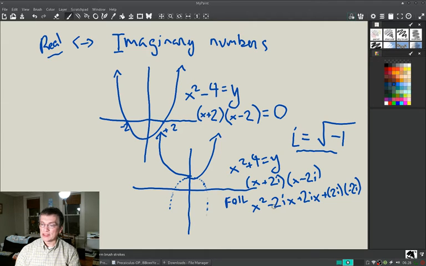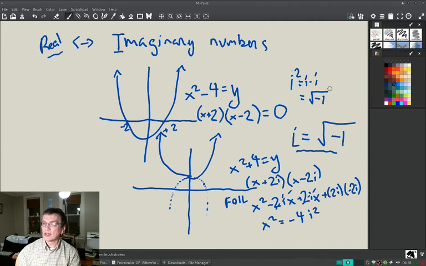Okay, this is plus 2ix minus 2ix. These two cancel. You're left with x squared, and let's see what's left, minus 2 times 2 is 4, i squared. i squared is just i times i, which is the square root of minus 1 squared.